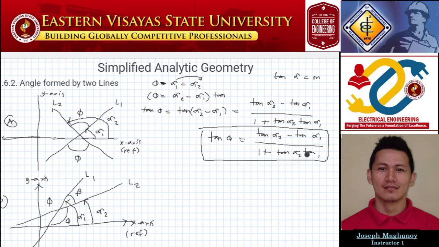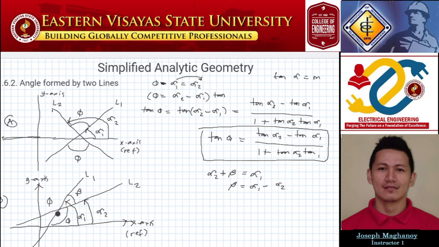Still by evaluating the angle of each line with respect to the reference x-axis, our alpha 2 plus our beta is equal to your alpha 1. Therefore, our beta is equal to alpha 1 minus alpha 2.